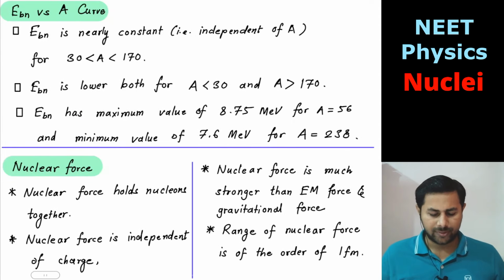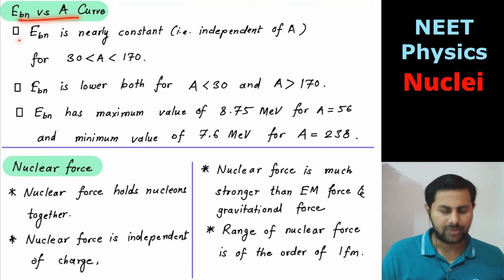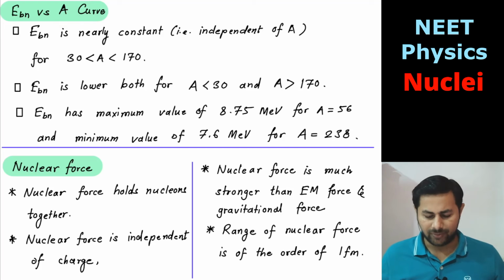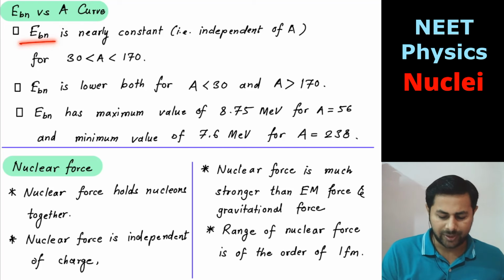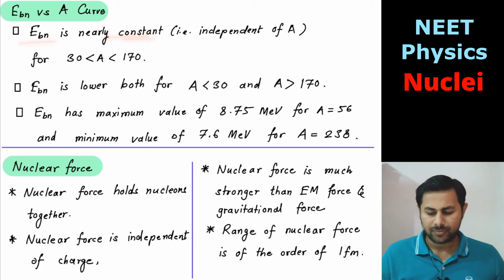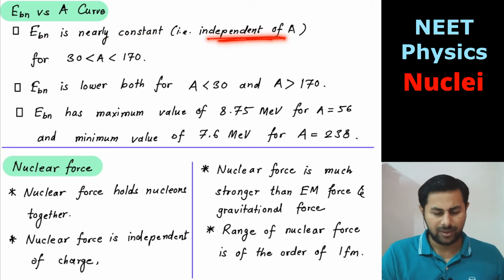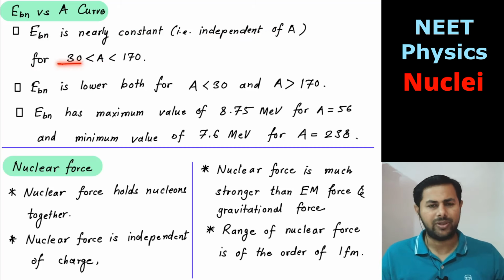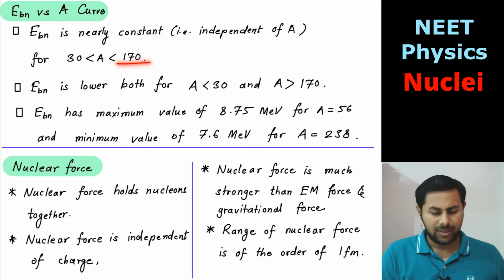So these are certain points to be remembered for the binding energy per nucleon versus mass number curve. Binding energy per nucleon is nearly constant, that is independent of A, for mass number between 30 and 170.